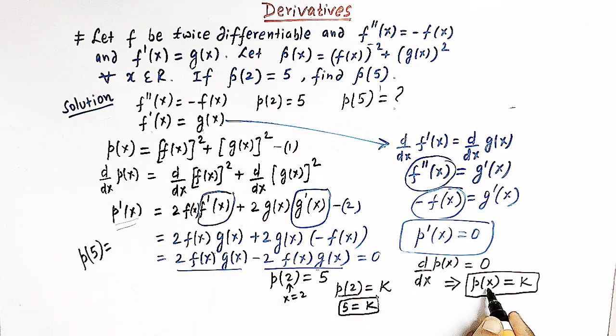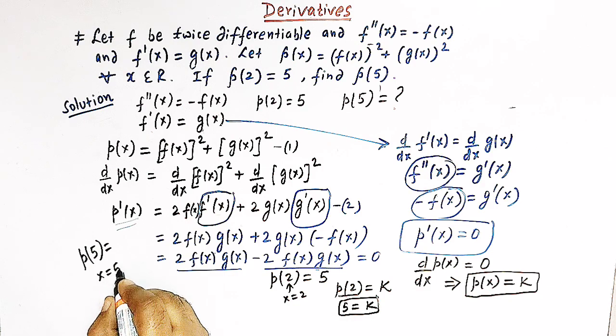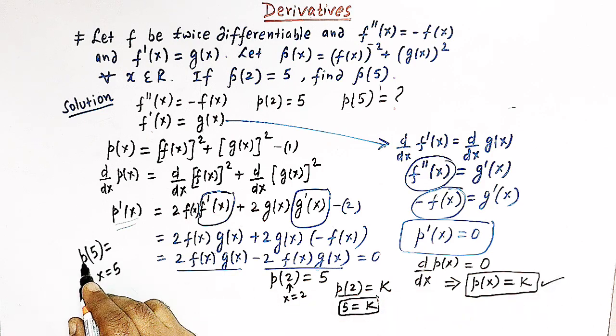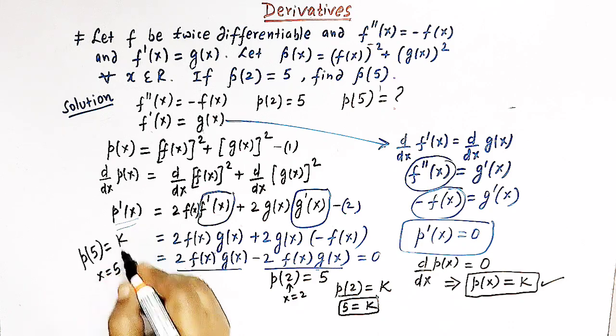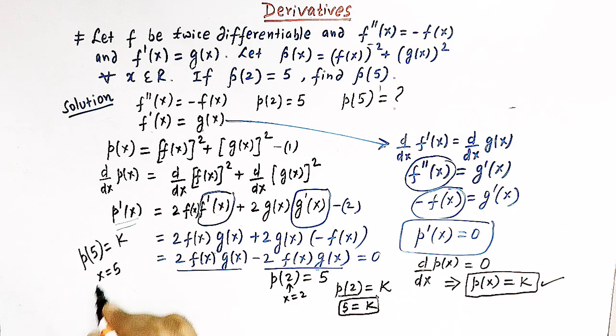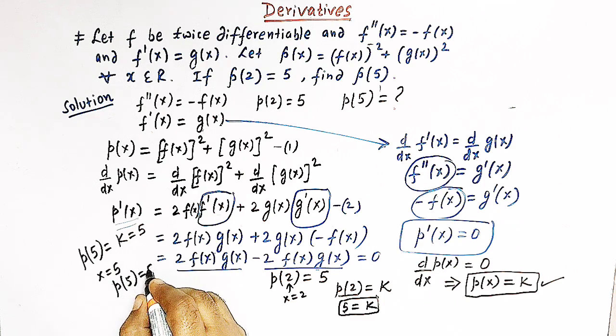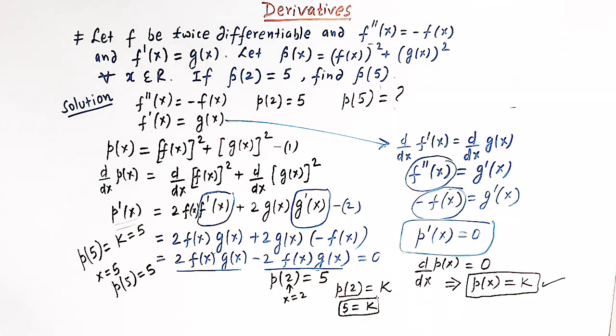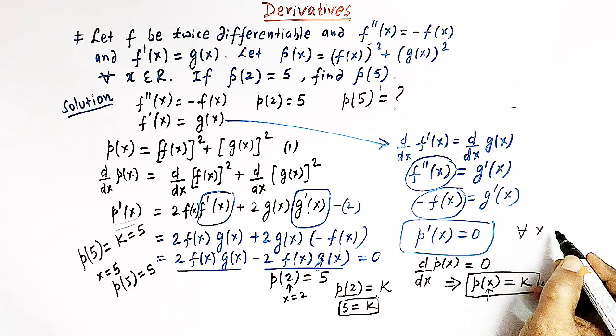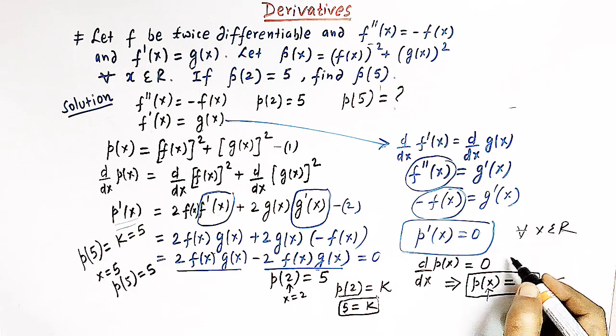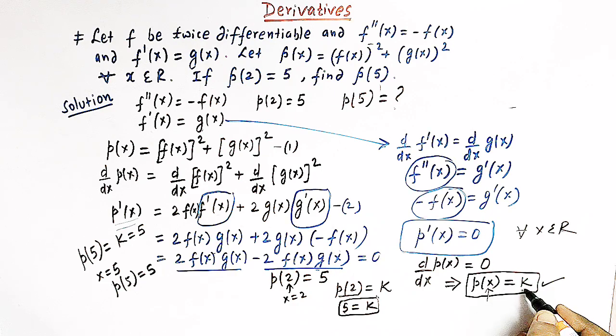And now we can easily find out the value of p of 5. So taking x is equal to 5 in this equation, we have p of 5 is equal to k, and k is equal to 5, right? So p of 5 is equal to 5. So now since p of x is a constant function, for all values of x belonging to the set of real numbers, the value of p(x) remains the same as k, right?